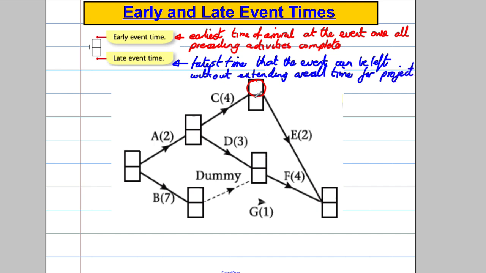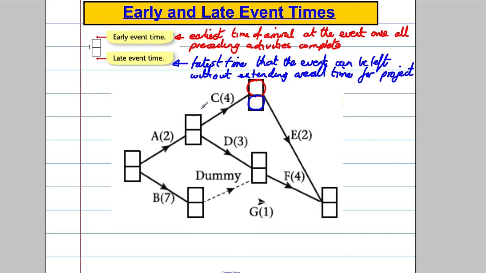Okay, so what I mean by something like here, it's the latest time you can leave having done event C, so start doing event E without making the overall project slow down.